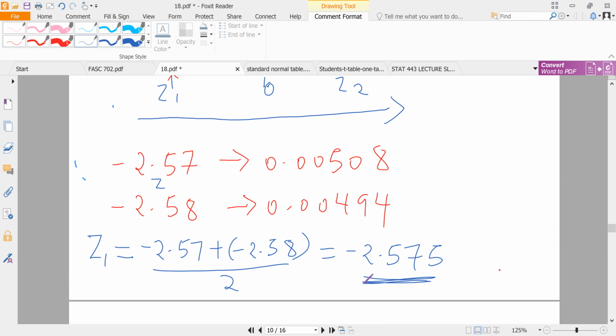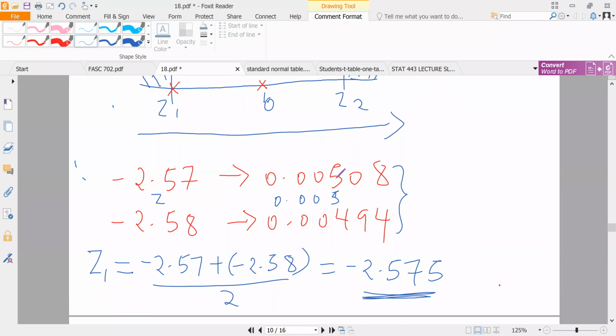Indeed, if you average these 2 probabilities, you get 0.005, very close to 0.005. So we are not wrong to say that minus 2.575 is an approximate value for Z1.